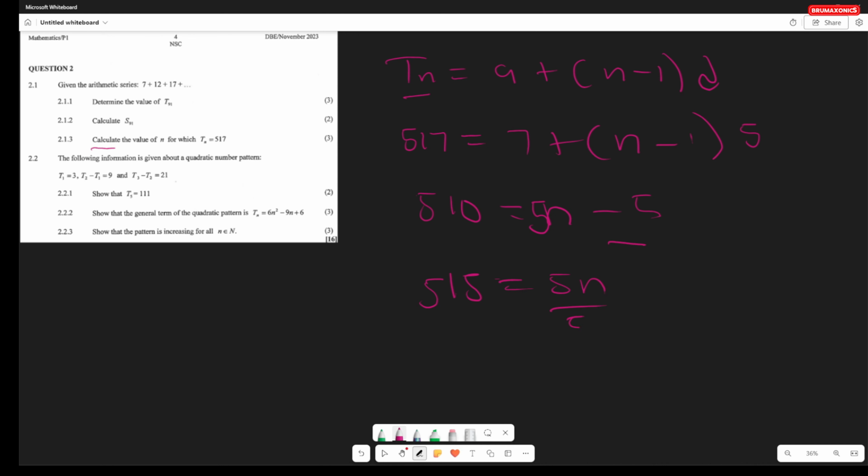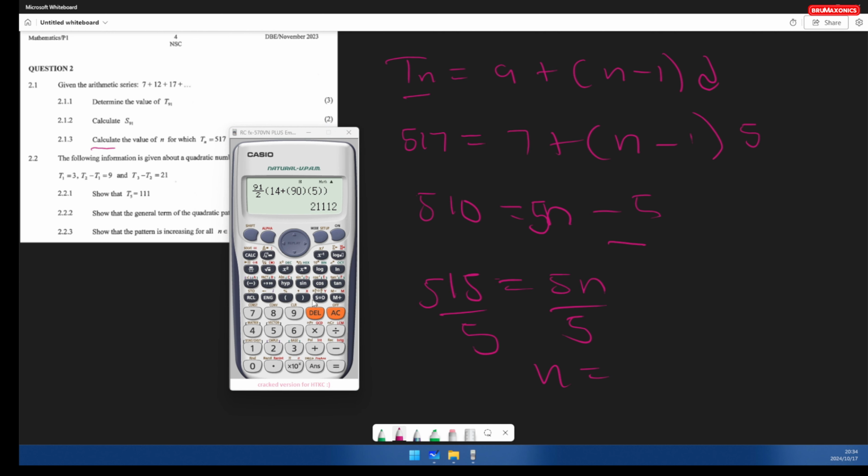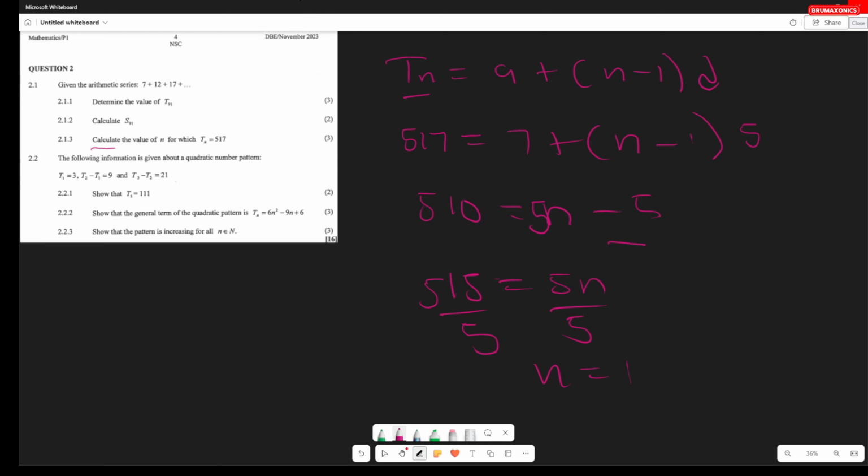Then we divide by 5 on both sides, and n is equal to the following. Just going to use the calculator, and that will be 515 divided by 5, and our value will be 103.